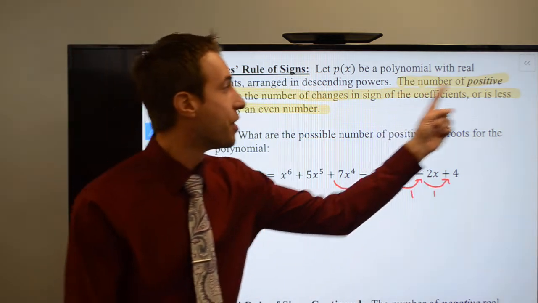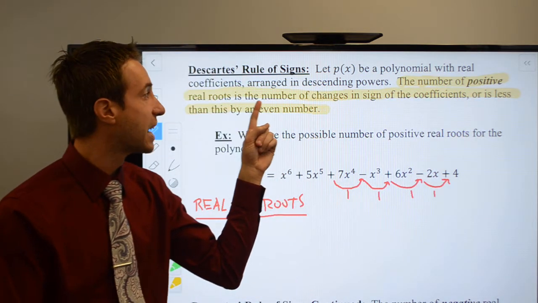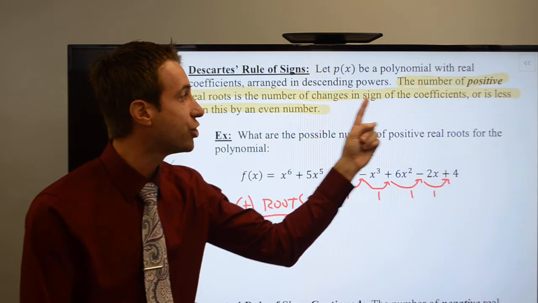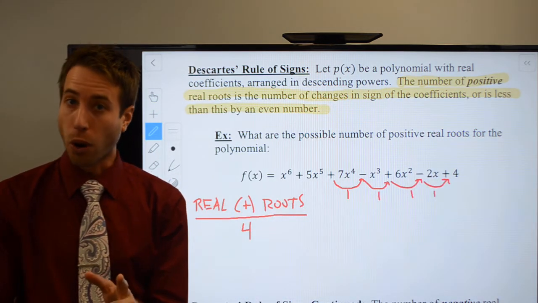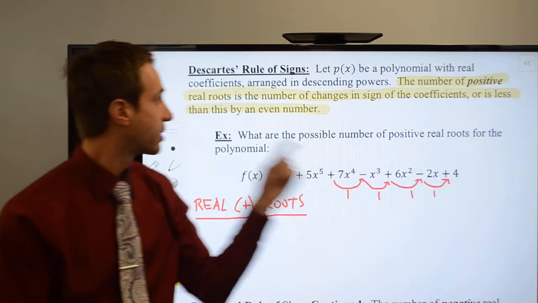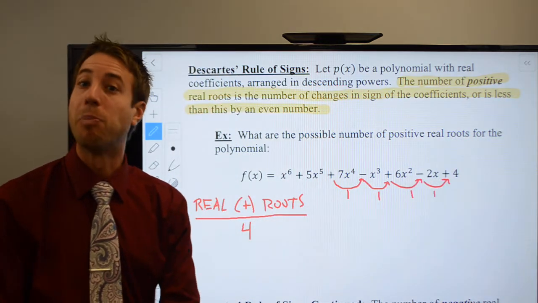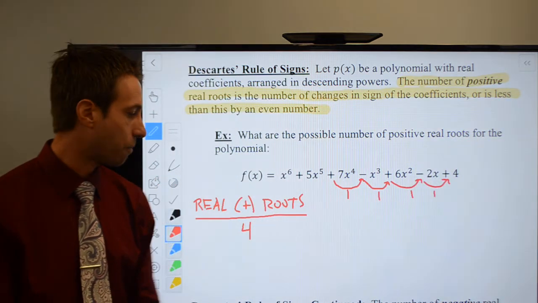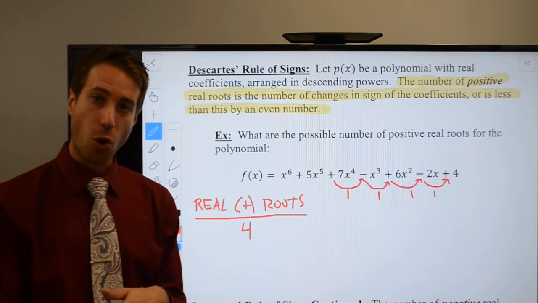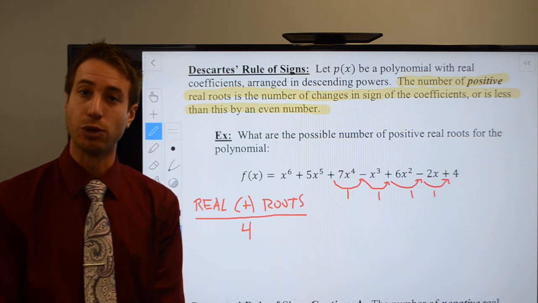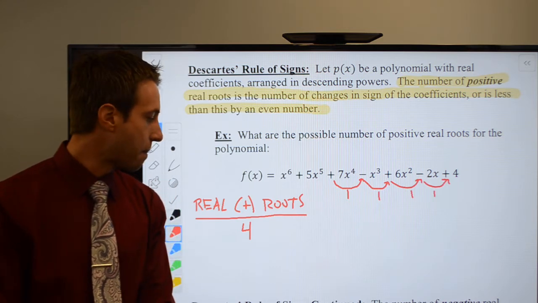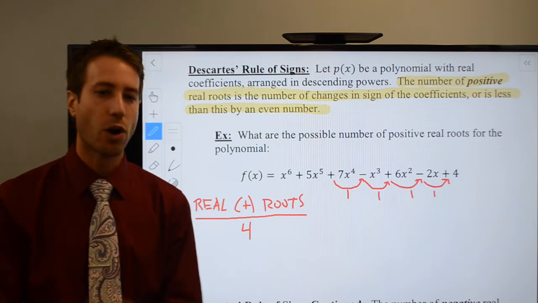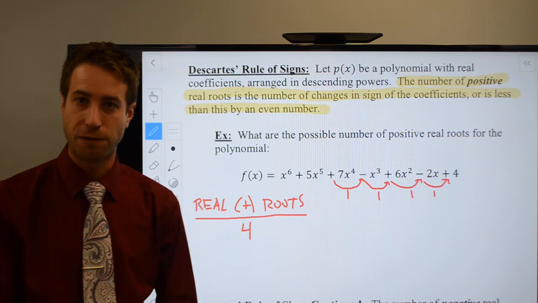That's what this says. The number of positive real roots is the number of changes in sign of the coefficients, or it is less than that number by an even amount. So if I could have 4 positive real roots, or something less than that by an even amount, what are even numbers less than 4?